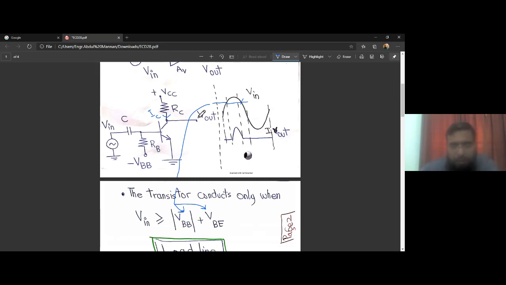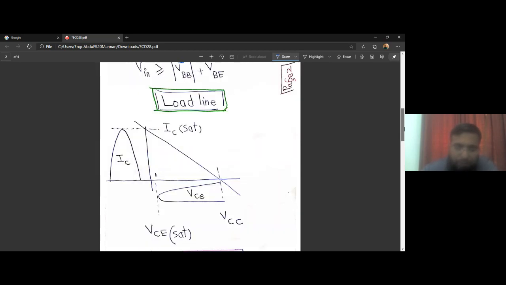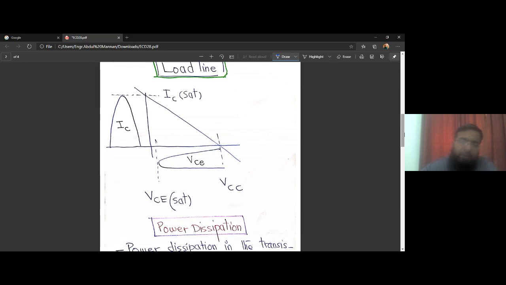Only when the input voltage is in this range, greater than this threshold and up to its max value, V peak, do we have this output current flowing through IC. What can be the maximum AC voltage that we can obtain? Of course, it is biased at a point VCC.